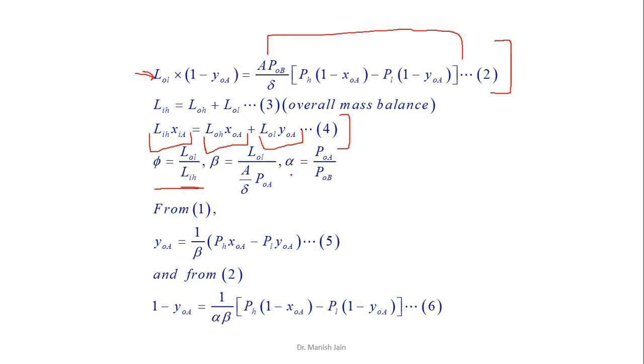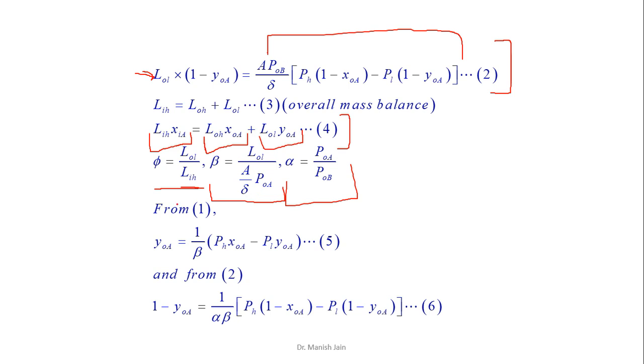Now we define the selectivity or the separation factor, that is alpha equal to POA divided by POB, where POA is the permeability of component A and POB is the permeability of component B. We have also defined a new factor, beta, defined as LOL divided by A divided by delta POA. Basically beta is defined to simplify the derivation, and there is no physical significance of beta here.